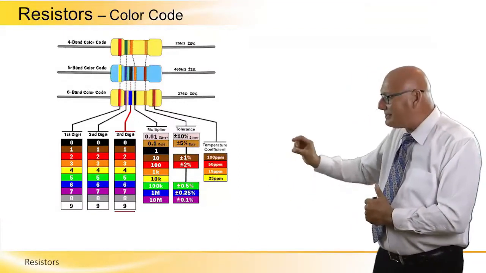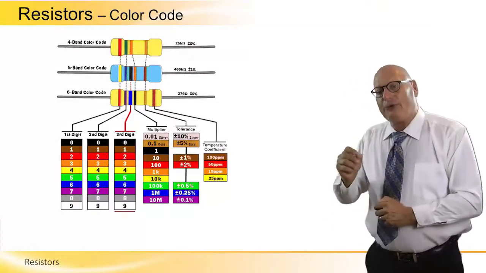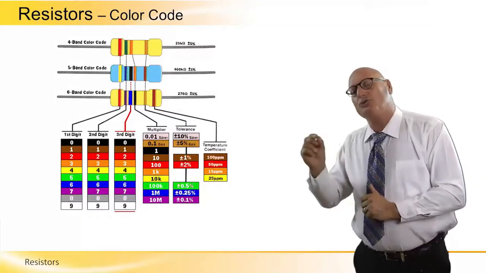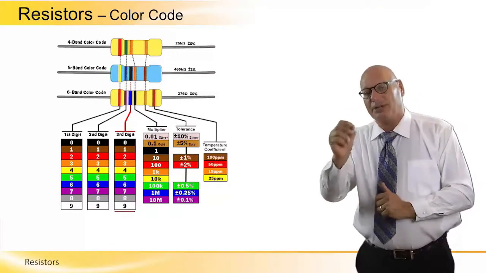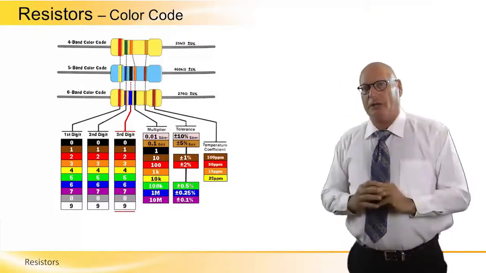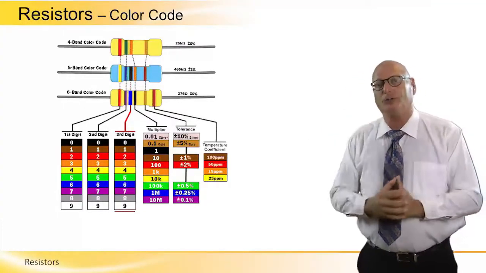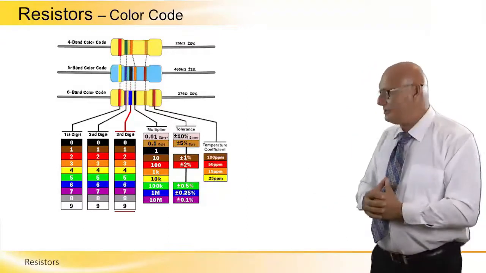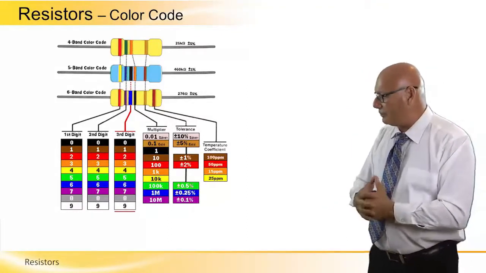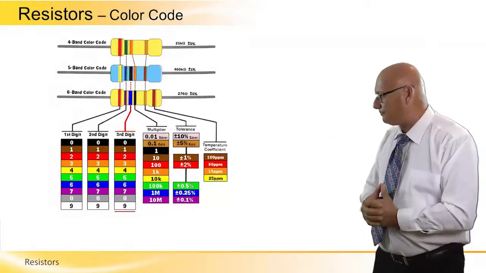And on the right-hand side of each resistor, we have the level of accuracy and the temperature coefficient of this particular resistor. So almost the entire technical specification is coded on the outside insulating material of the resistor. So let's look at what every single strip means.